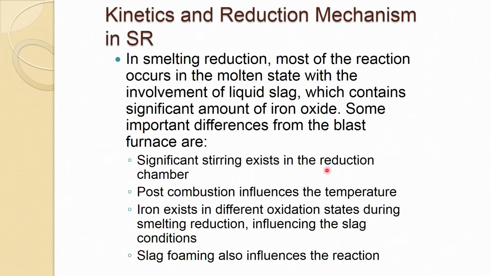Now again, before we go to describing the smelting reduction processes which have been developed or commercialized, it's worth talking a little bit about the physicochemical nature of it, or the kinetics and reduction mechanism of it, as we had discussed for direct reduction processes.